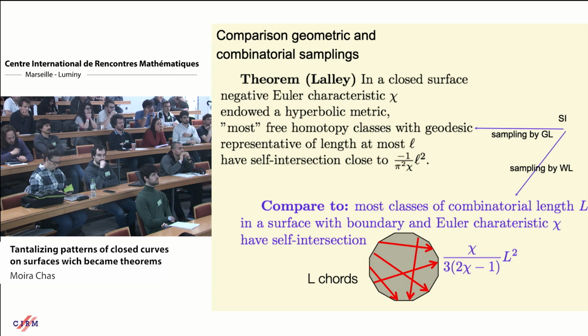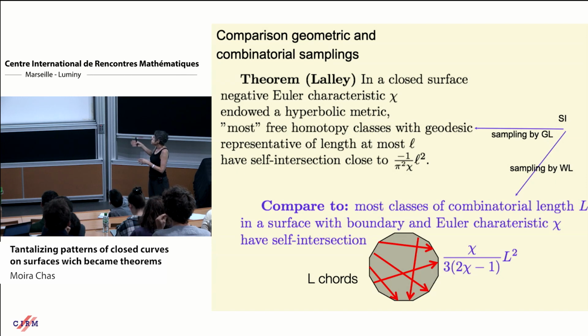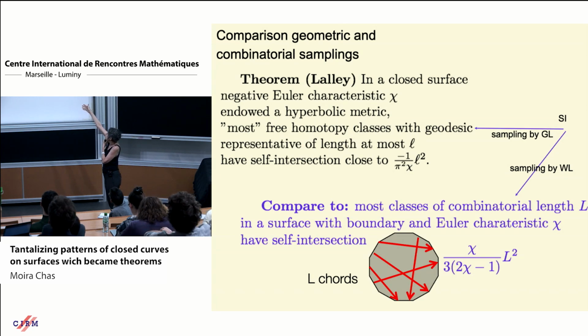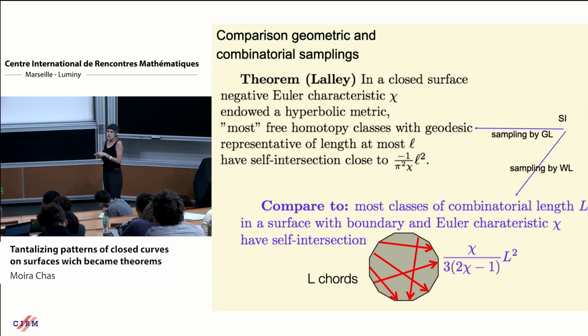Having a very large random curve in word length, we know more or less it will have L squared divided by these constants intersections, while if the Euler characteristic is large, it's much harder to intersect in a geometric curve.